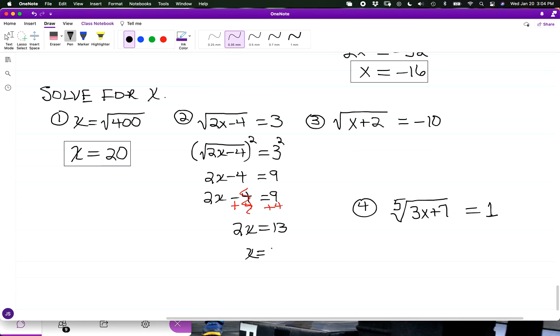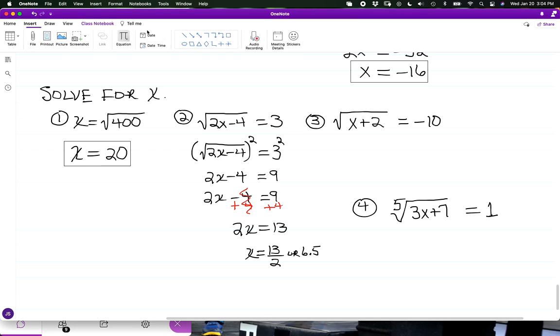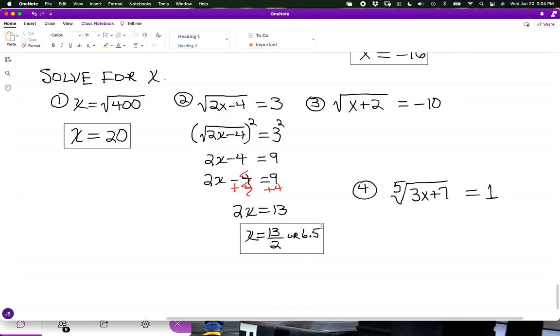In this case, x is equal to 13 halves if you leave it as a fraction, or as a decimal, we have 6.5. Okay. And you can go back and check. So 2 times 6.5 is 13, minus 4 is 9, square root of 9 is equal to 3.